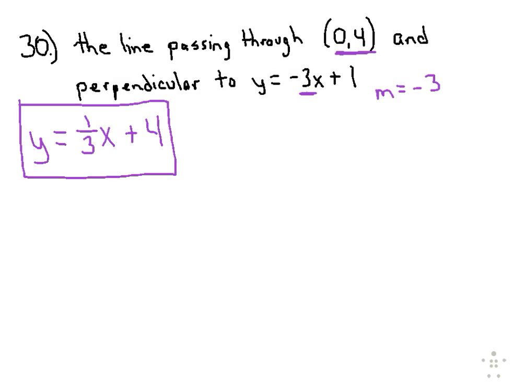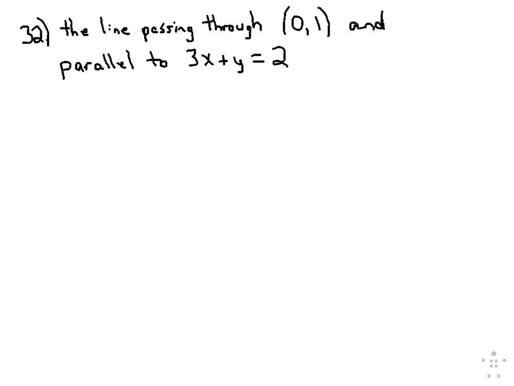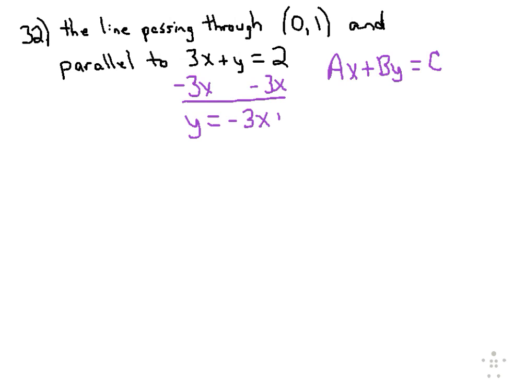Moving on to question number 32, we have the line passing through (0, 1) and parallel to 3x plus y. And I'm supposed to put this in standard form. So this is going to end up looking something like this: ax plus by is equal to c. Alright, so if it's parallel to this one, that means it has to have the same slope. So let's figure out what the slope of this line is. So put it in slope-intercept form, and this slope is negative 3.